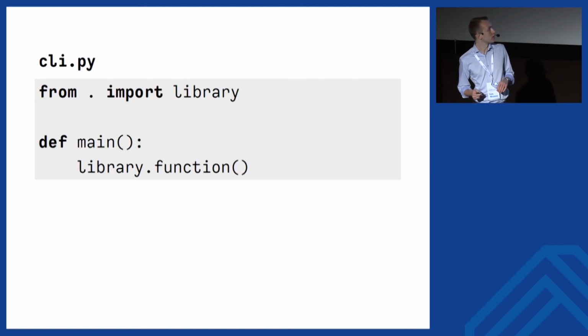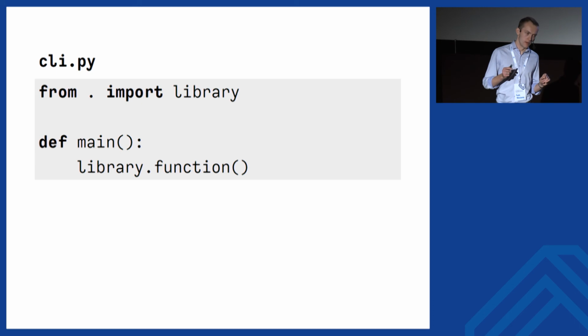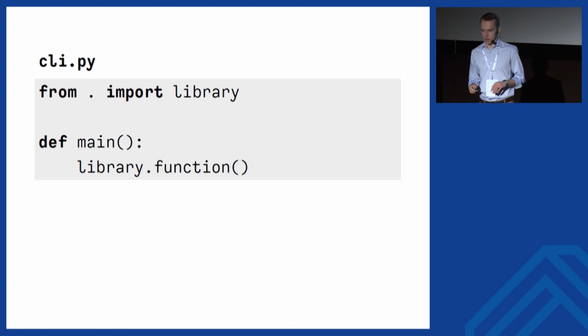What is important is that you don't have to use this if __name__ == "__main__", because at the end the user won't be running this script directly. So you don't have to care about this.